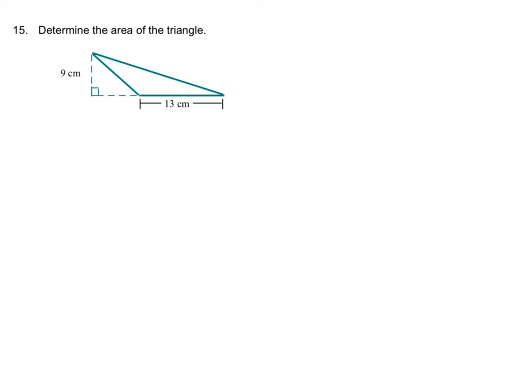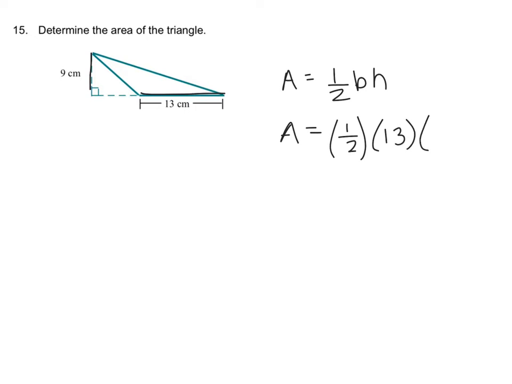Determine the area of the triangle. The area of a triangle is found by applying the formula A equals 1/2 base times height. B is the base, which in this case is 13, and H is the height of the triangle, which in this case is 9. So we'll simply plug in those values, and I get A equals 1/2 times 13 times 9. I'll multiply 13 times 9 together first, which is 117.